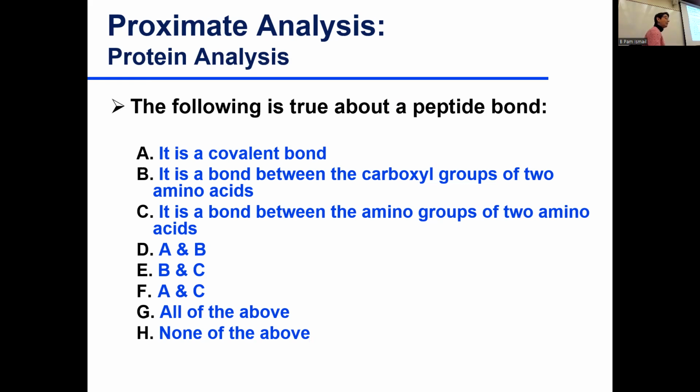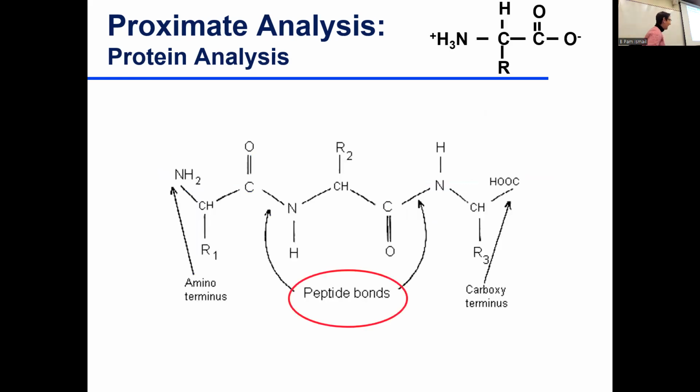Okay, so A is definitely correct. It's a covalent bond. Peptide bond is the covalent linkage between the carboxyl group of one amino acid and the amine group of another amino acid.